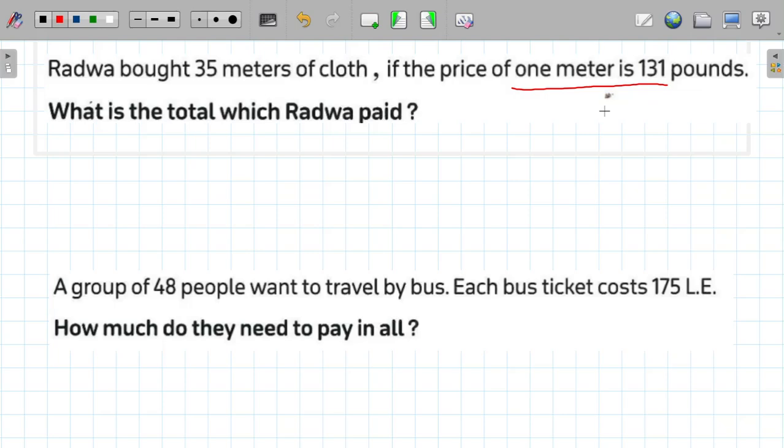So this means we will repeat 131 35 times. So repeating means we will use the multiplication operation. So we will multiply 131 by 35.